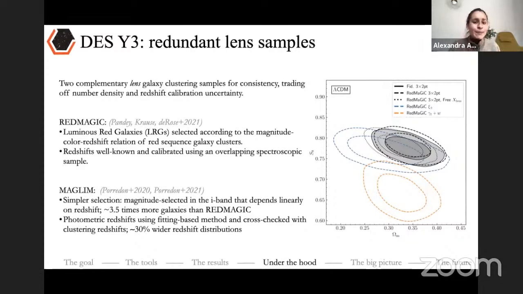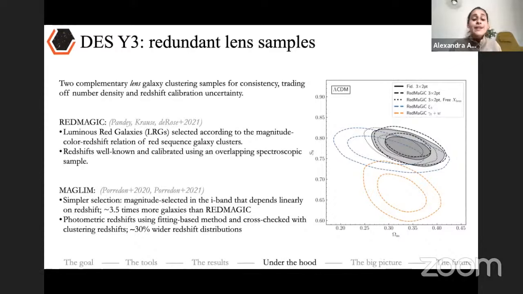What we can see is that in redMaGiC, in some way, we have some decorrelation between the galaxy clustering and the galaxy-galaxy lensing. So it's essentially that the two measurements want different values of galaxy bias. And that would be some sign of stochasticity if you didn't believe it was a systematic.